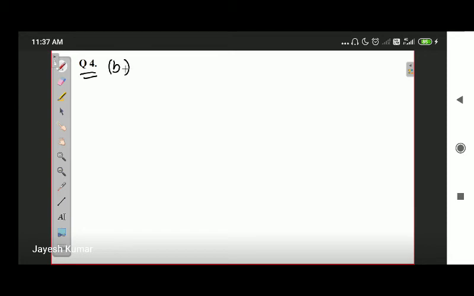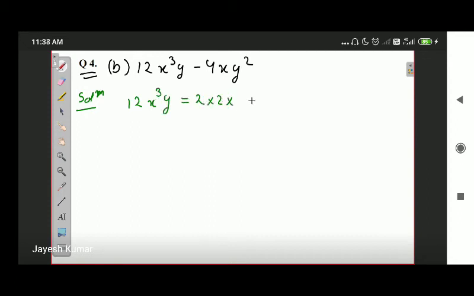B part is we have to do factorization of 12x cube y minus 4x y square. We will use the same method that we have used till now. First of all, we will expand 12x cube y as 2 into 2 into 3 into x into x into x.